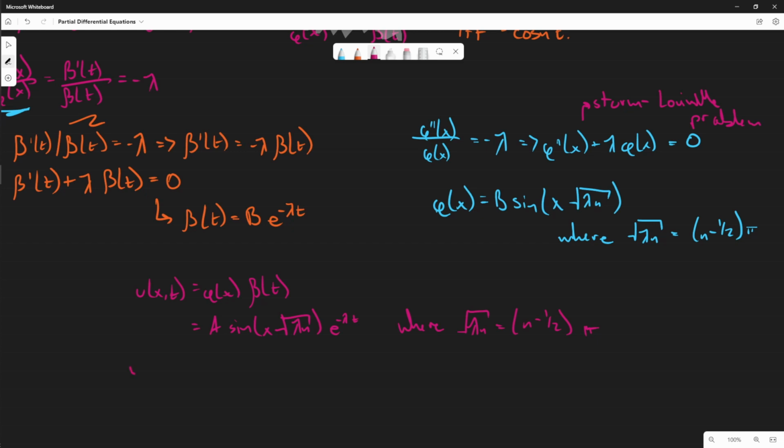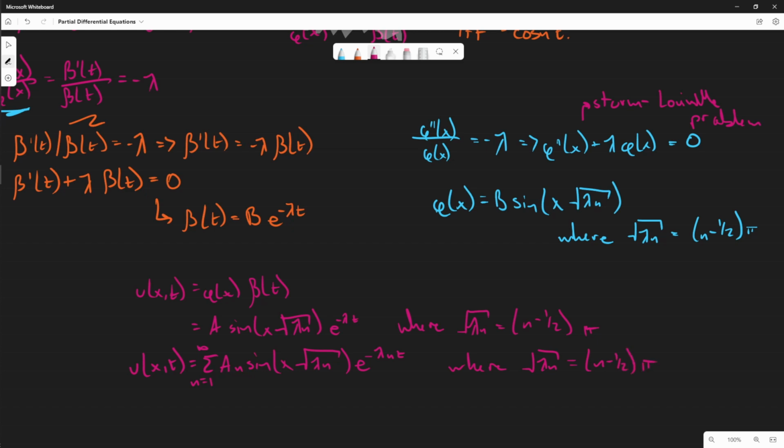So our actual general solution for this problem is the sum from n equals 1 to infinity of a n sine of x times the square root of negative lambda n, multiplied by e to the negative lambda n t, where the square root of negative lambda n is equal to n minus 1/2 pi.